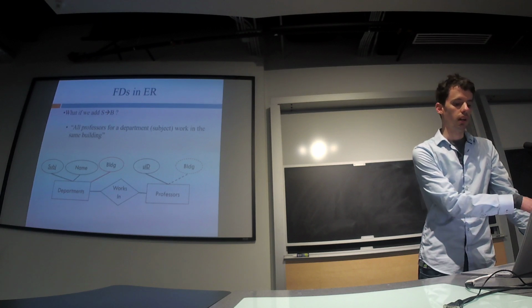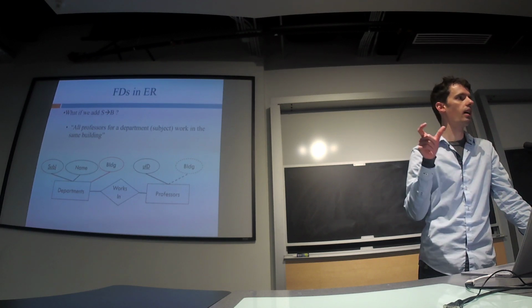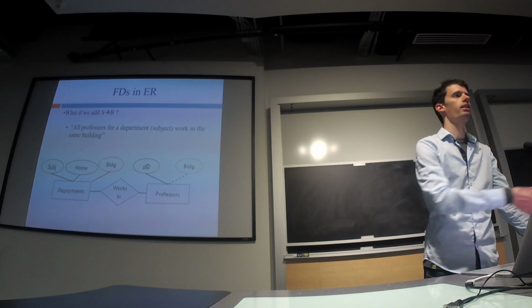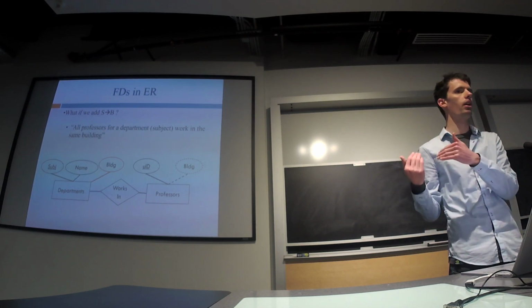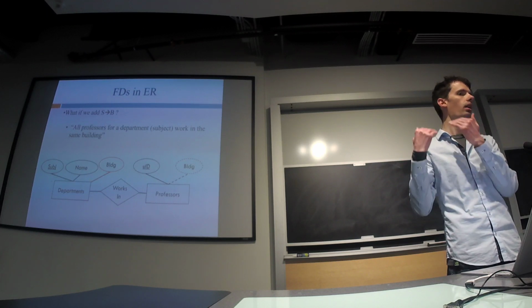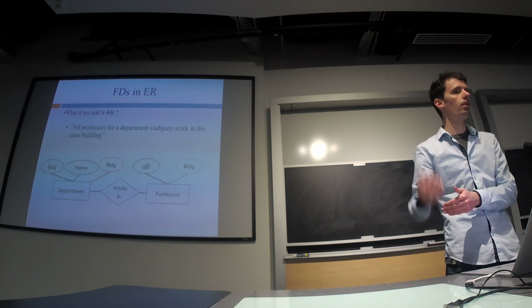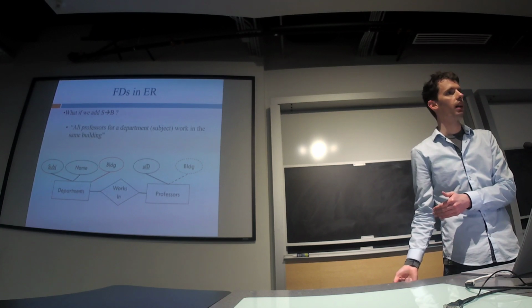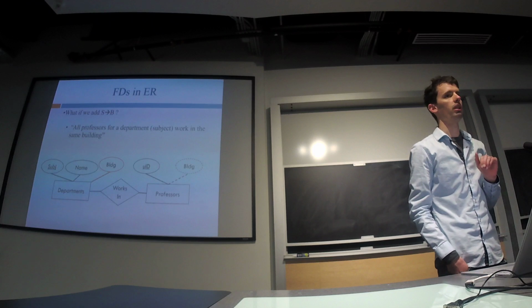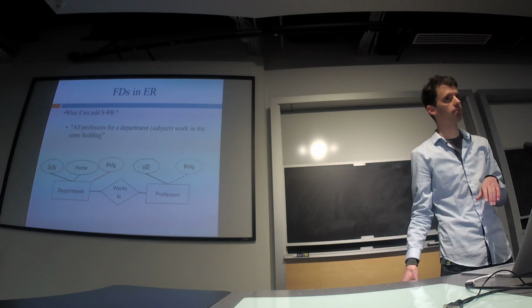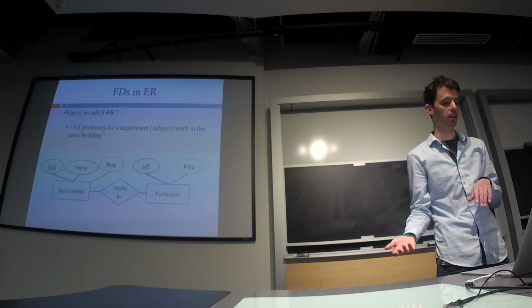Every single professor should not say what building they work in. Every single CS professor would then have in their row in the database MEB. That's a lot of redundant information. And if we suddenly got a new CS building, you'd have to go and change every record from MEB to whatever the new building is.